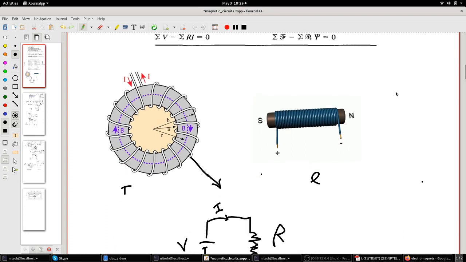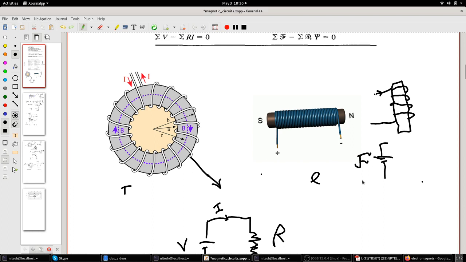Let's say you have a rod and I wind it with some windings, and I pass a current I through it. The moment I pass a current I through it, this converts into the MMF. I can replace this with a supply and give it the notation MMF. This will be your supply.